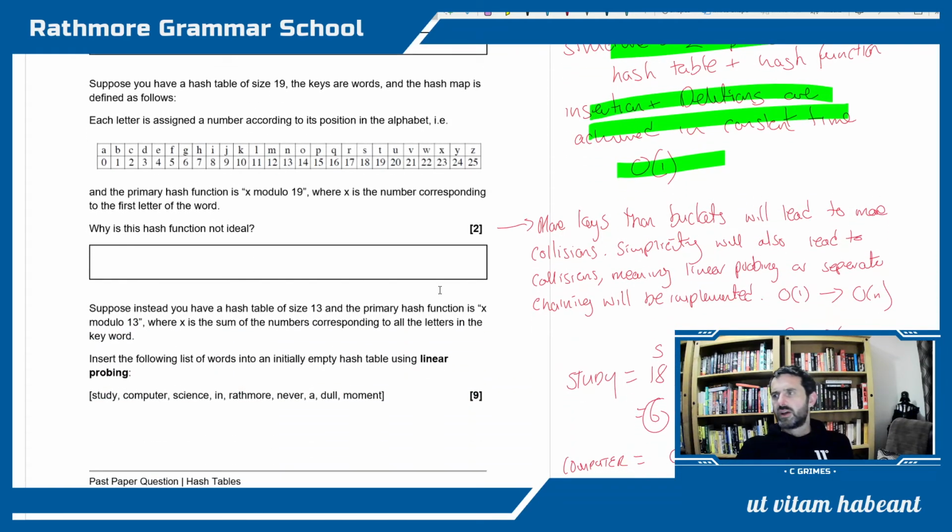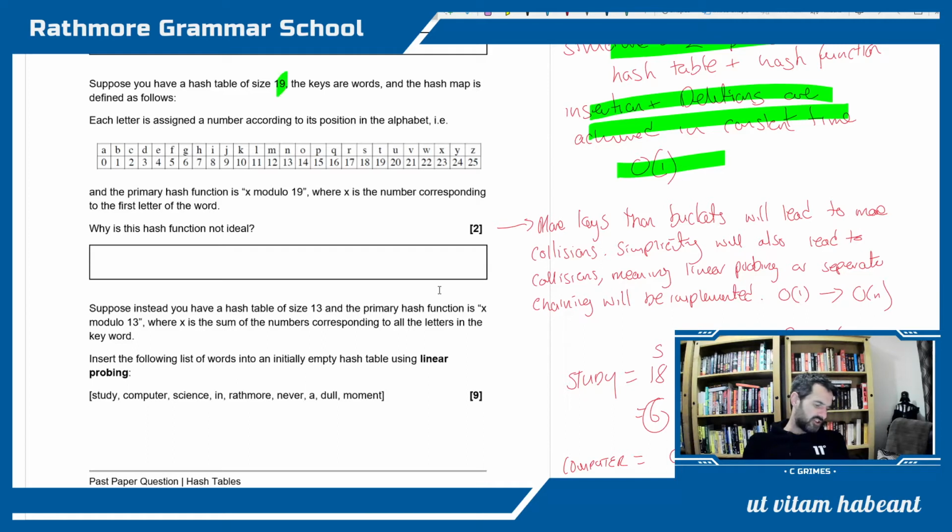Now this question was slightly more tricky. You were given a hash function, an example, and asked to explain its faults. We have a table.